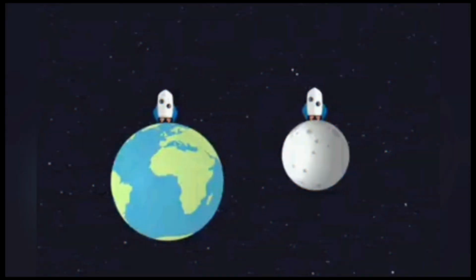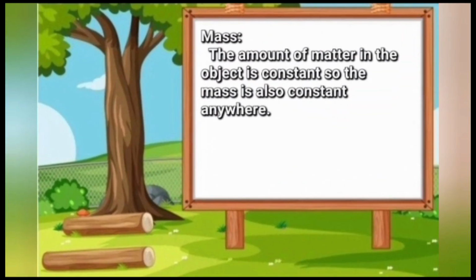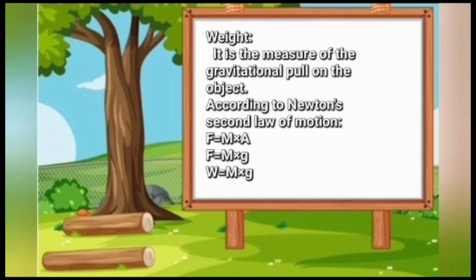The same object on Earth and on the Moon has the same mass but different weight. Now let us see why. The amount of matter in the object is constant, so the mass is also constant anywhere. Weight is the measure of the gravitational pull on the object.